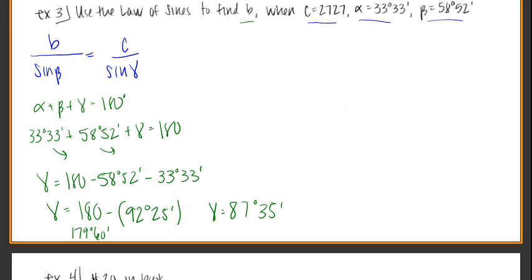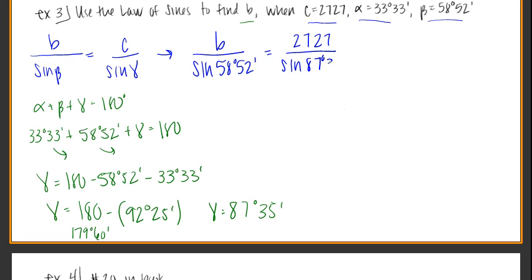Okay, all of that work just to find gamma. So if you go back to the original problem, b over sine of beta, which is 58 degrees 52 minutes, should equal side c, which is 2,727, over the sine of now gamma, which is 87 degrees and 35 minutes.